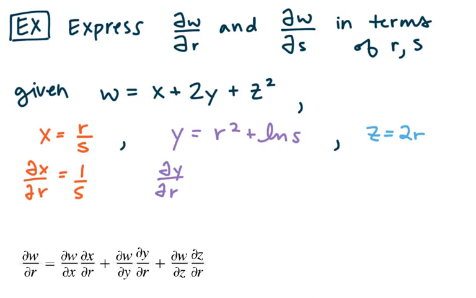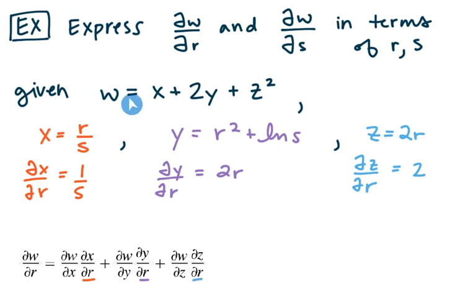And the derivative of this is going to give me 2r. And last, partial of z with respect to r will be 2. All right, so we have those three pieces. I've got my x, y, and z partials there.